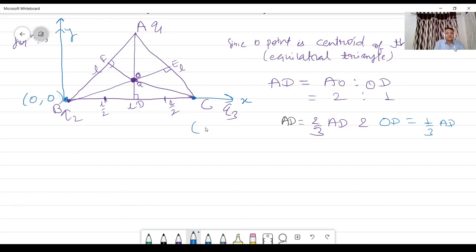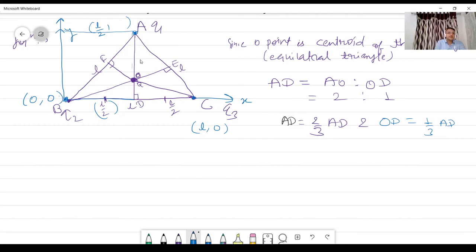The C point location can be written as L, 0, and now we can easily determine the location of A. For that we require the x value and y value. The x value is already defined: the distance from the y-axis is nothing but L/2. So I can write here L/2, and the y value we don't know.